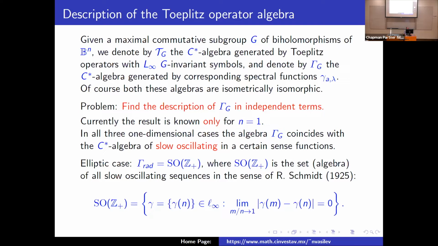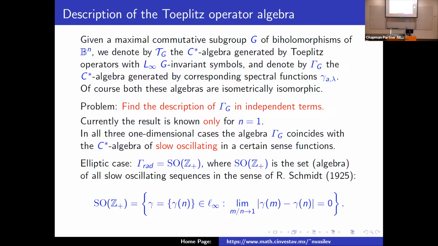But in all three one-dimensional cases, the corresponding algebra coincides with the C*-algebra of slowly oscillating functions in a certain sense. For our quasi-elliptic, radial case, this algebra is the C*-algebra of slowly oscillating sequences introduced by Schmidt exactly 100 years ago.